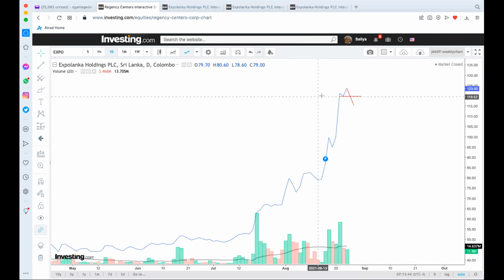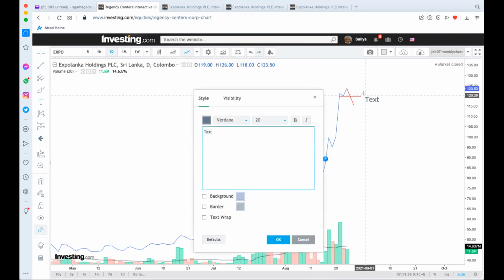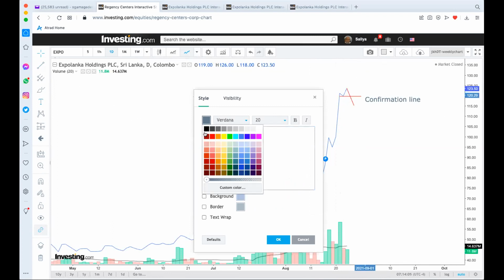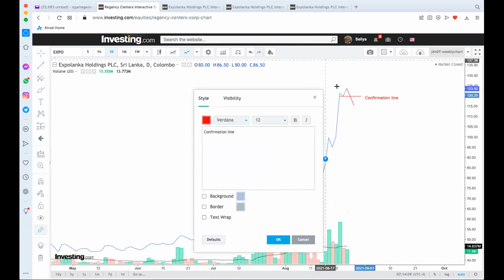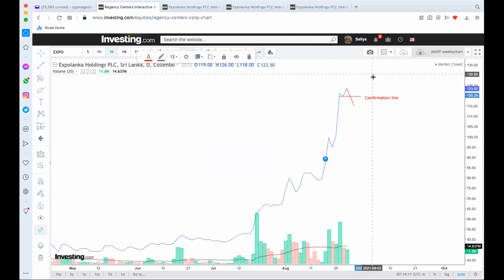Now other thing is, the horizontal line that we are drawing here is called the confirmation line, right? So this will be the confirmation line. This is going to be the confirmation line.